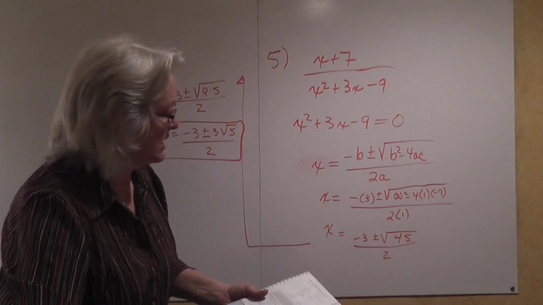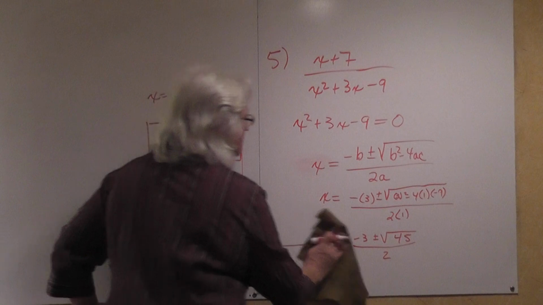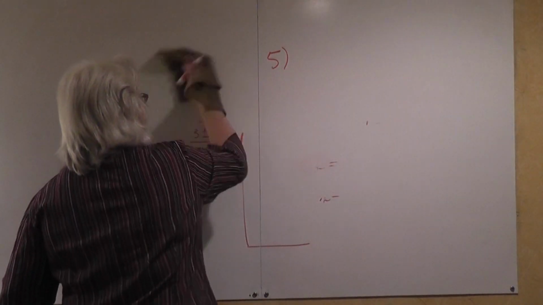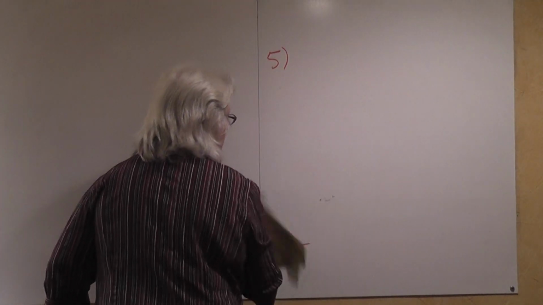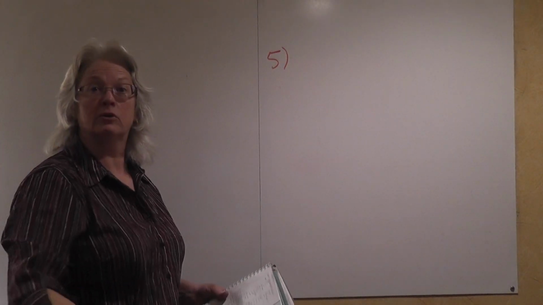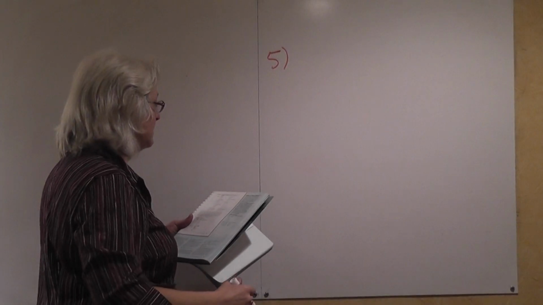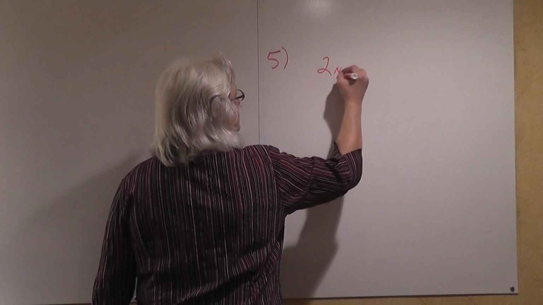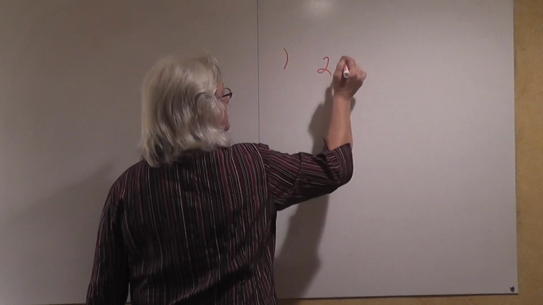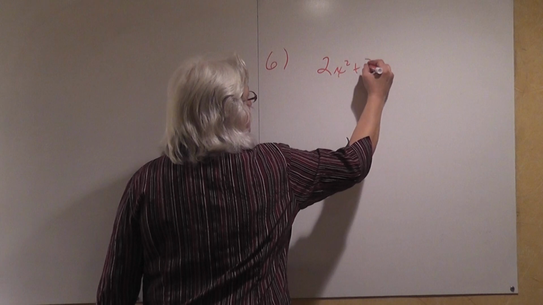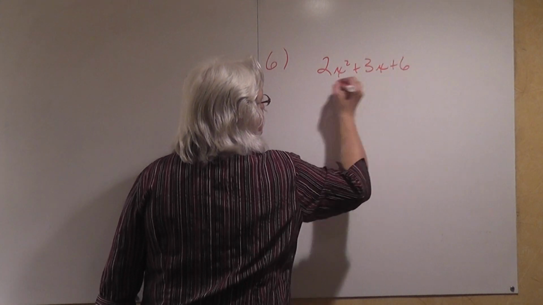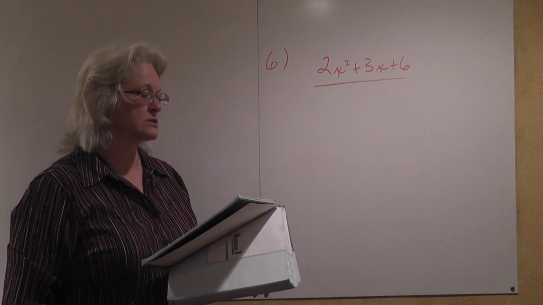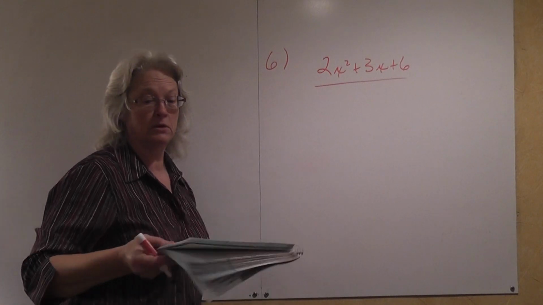Now let's go ahead and look at our very last rational expression in example number 1, and see how we can determine when it's undefined. We have 2x squared plus 3x plus 6, all of that divided by another polynomial, which is x squared minus 8x plus 7.